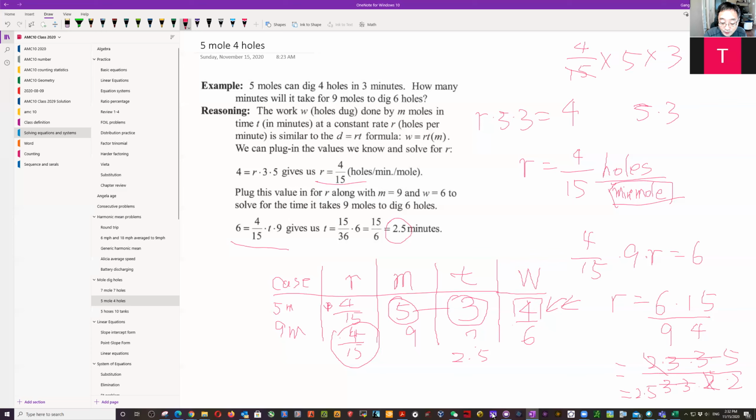So the total mole minute invested in 4 holes is actually 15.